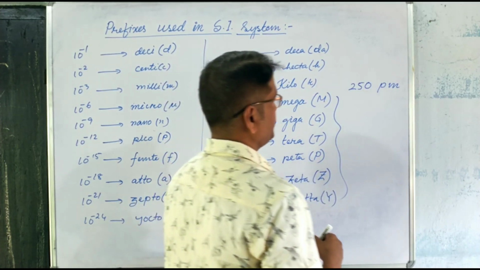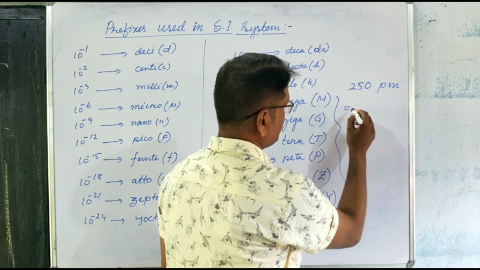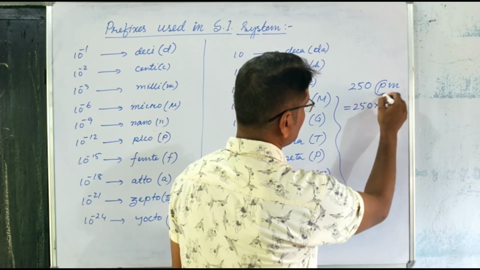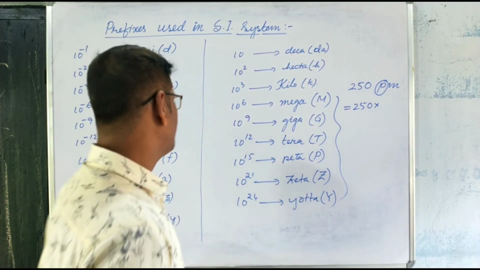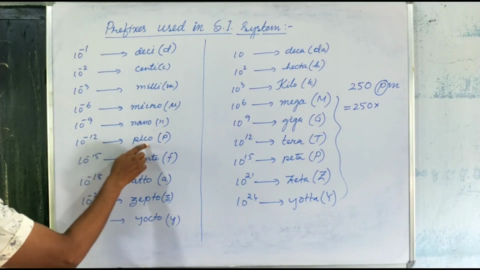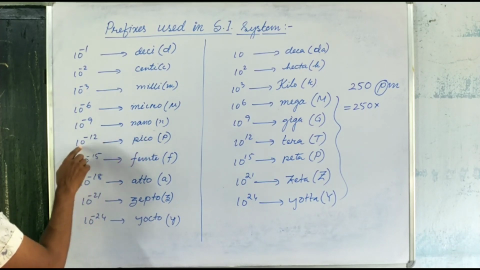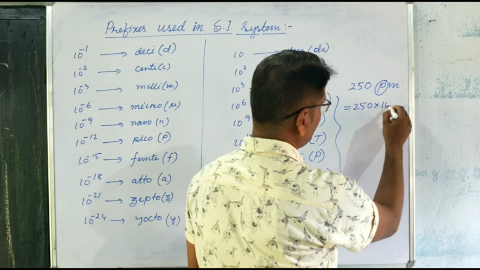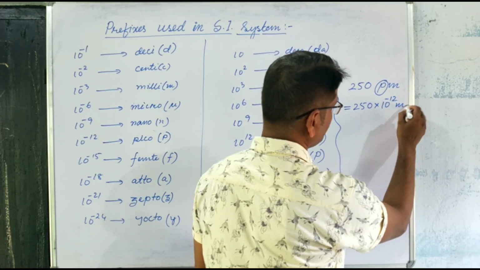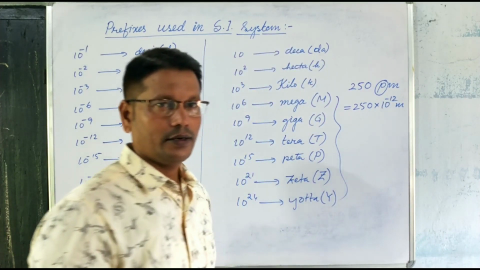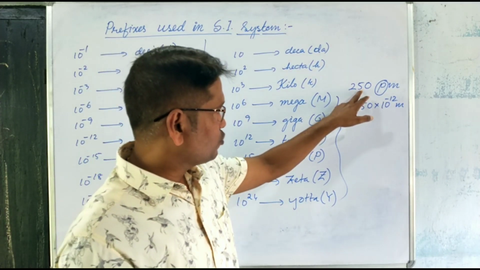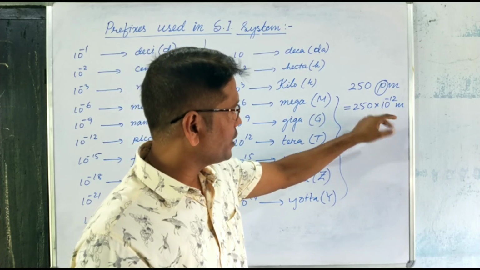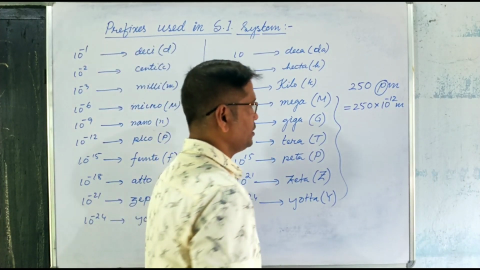Actually what does it mean? Actually it is equal to 250 into, for pico what is the power of 10? Here you see pico. Actually pico means 10 to the power minus 12. So here we can write 10 to the power minus 12 meter. Now it is clear? That means 250 picometer means 250 into 10 to the power minus 12 meter.